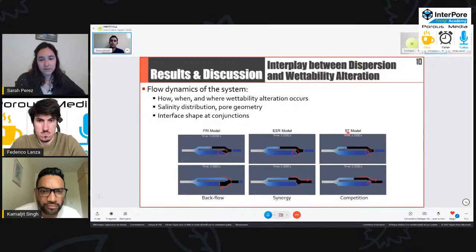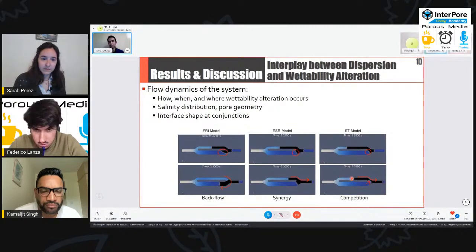But in the ST model, when there is a delay in wettability alteration at the outlet side of the system, this outlet is so oil wet that no oil will come back and have this backflow. Because of this and the shape of the interface at the outlet, this synergy becomes a competition.